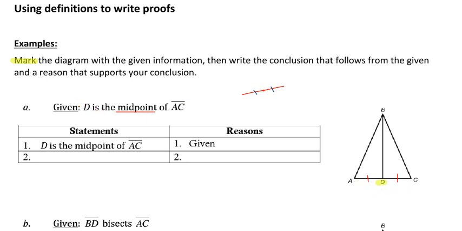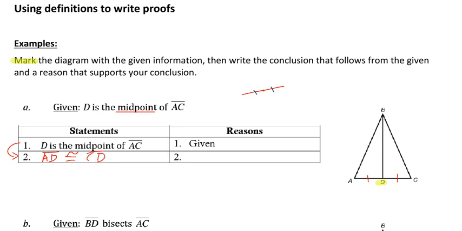So the first statement would say here, D is the midpoint of AC, and that's a given. The second one would be the result that we get from that given, which is the fact that segment AD is congruent to segment CD.